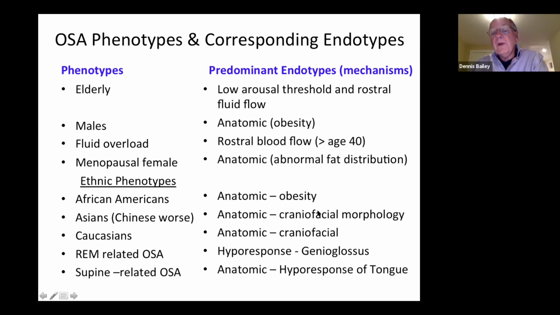And then anatomically, we could have craniofacial morphology, as well as alteration in craniofacial structures. We know there's hypo-responsiveness in the genioglossus muscle, that it may not be stimulated. We'll talk a little bit about that. And anatomically, there's a hypo-response related to the tongue. So basically, if the patient is more obese or overweight, we're going to have a fat tongue. That's going to increase part of the problem that we have here.